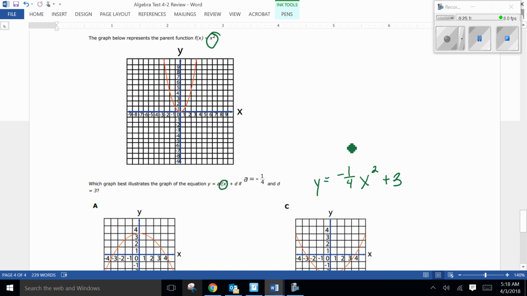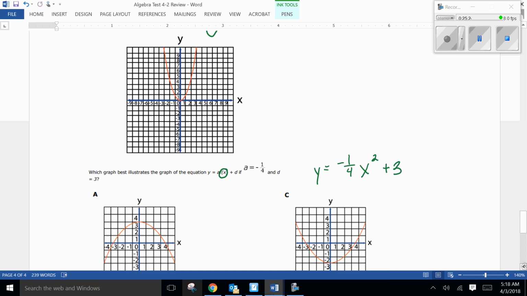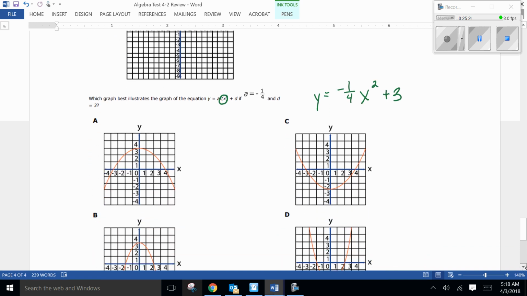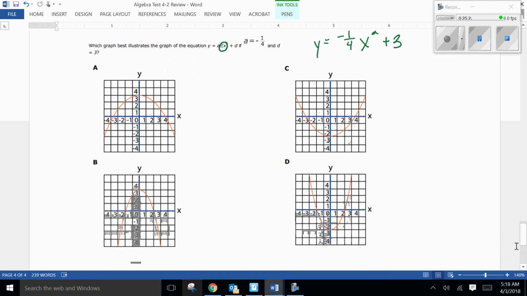Okay, so I'm going to have a reflection. So that's going to narrow down my choices. It's not C or D because I need a reflection. And I'm going to shift up 3. Both A and B are shifted up 3.